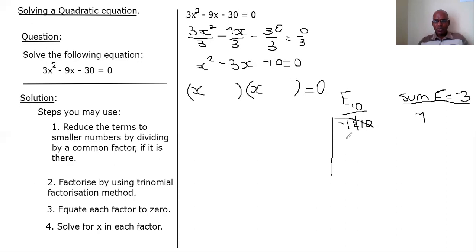correct. Then we move on to the second one, where we have 1 and negative 10. 1 times negative 10 gives us negative 10, but when you add the two, it gives us negative 9, which is not negative 3.